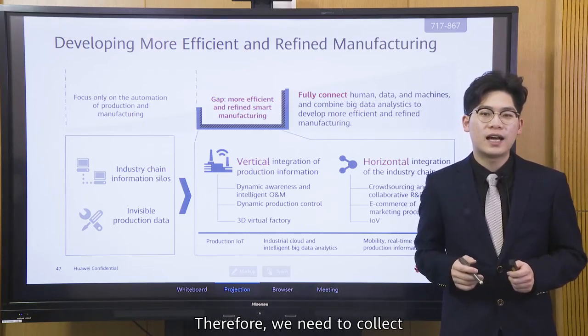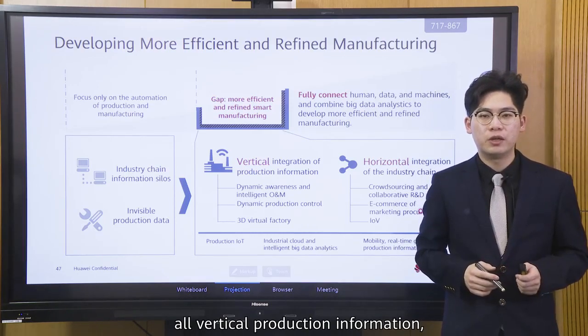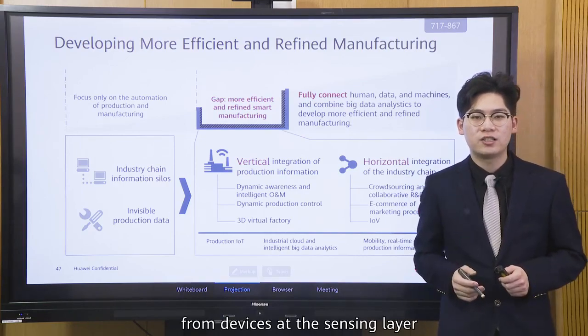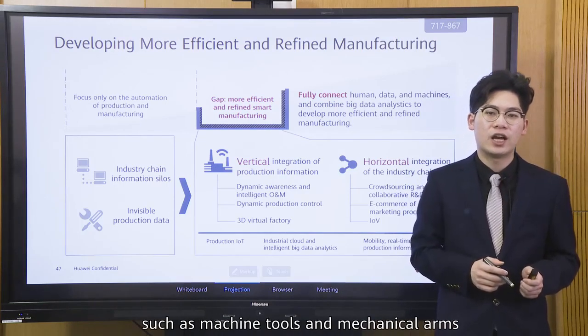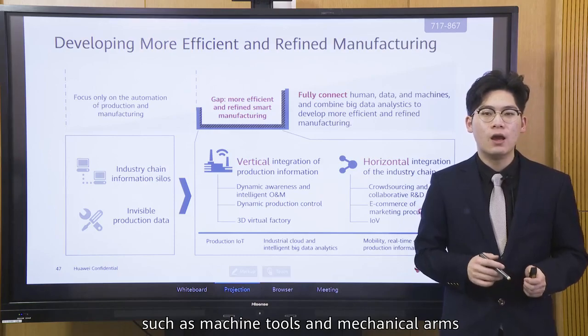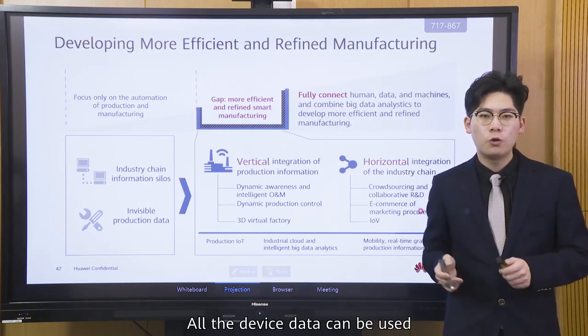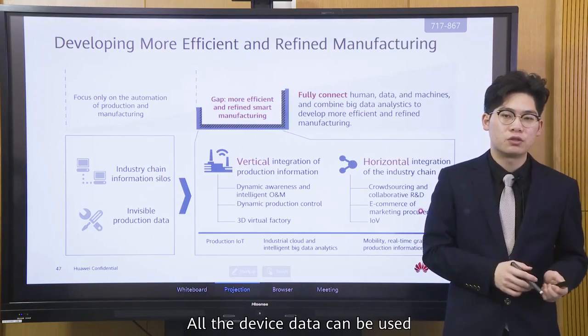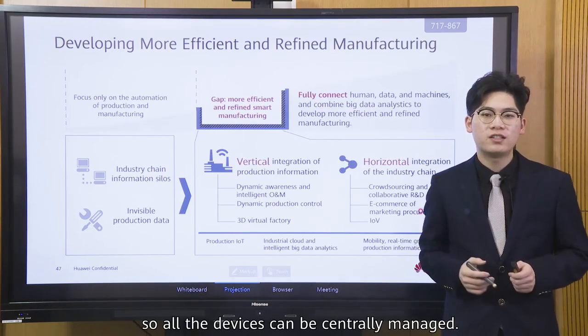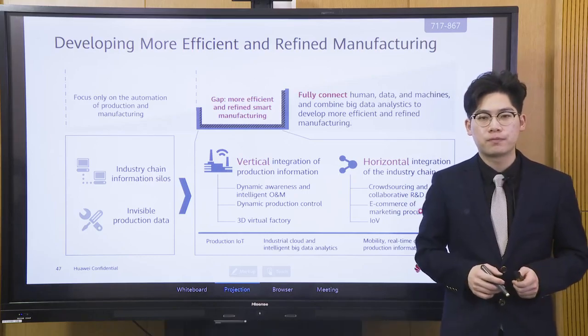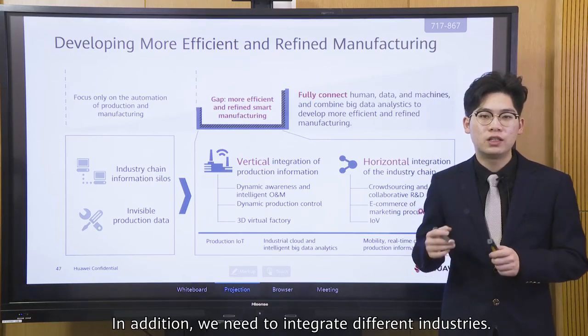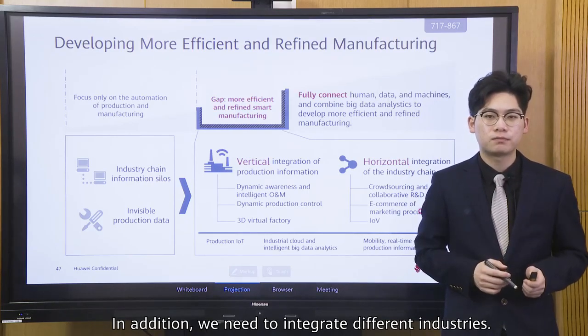Therefore, we need to collect all vertical production information from devices at the sensing layer, such as machine tools and mechanical arms, to communication devices. All the device data can be used, so all the devices can be centrally managed. In addition, we need to integrate different industries.